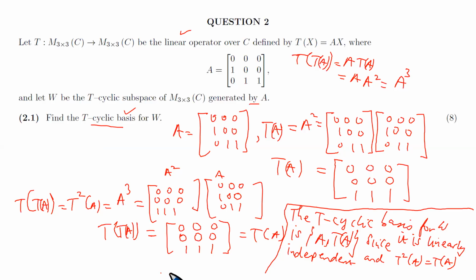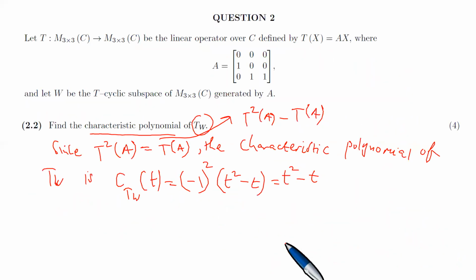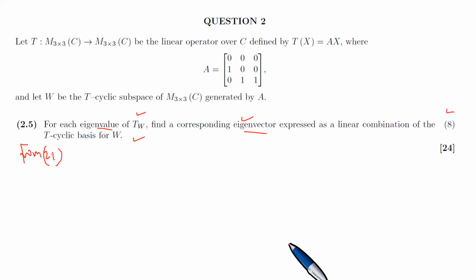From question 2.1, we learned that T squared of A was equal to TA.